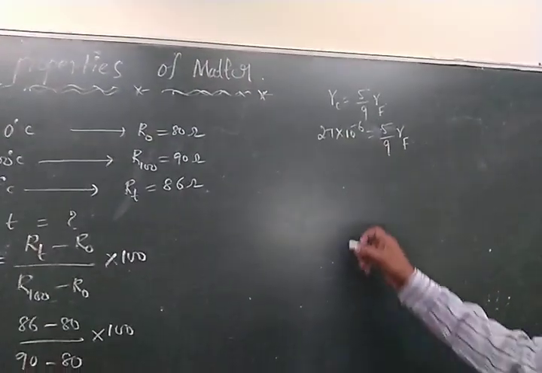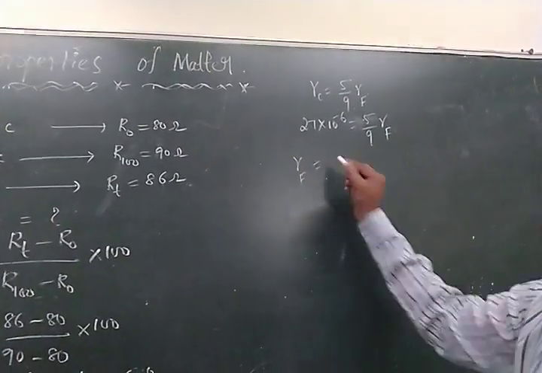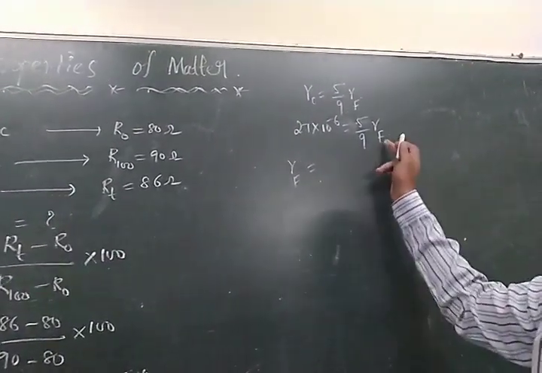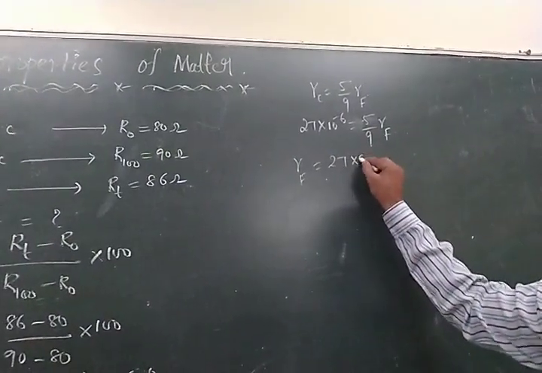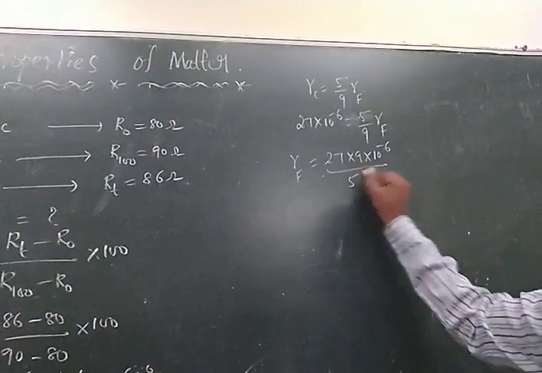Taking the cross multiplication, gamma F = 27 × 9 × 10^-6 divided by 5. Sorry, it is 9/5: 27 × 9/5 × 10^-6. Nine goes into 27 three times, so 3 × 5 is 15 × 10^-6 per degree Fahrenheit.